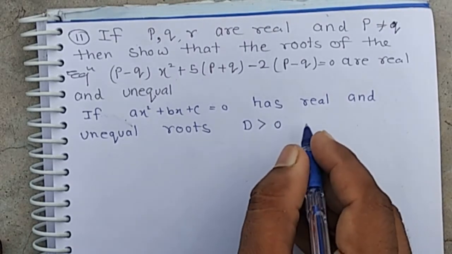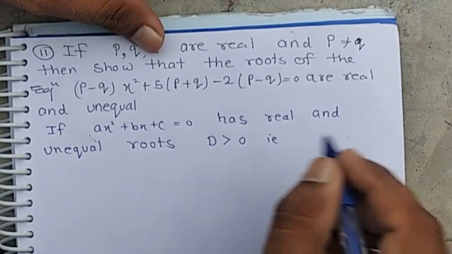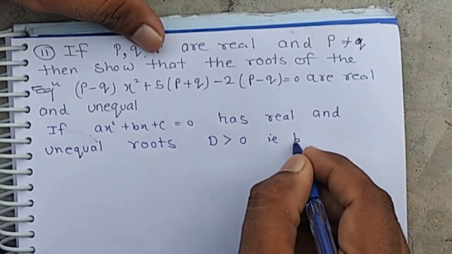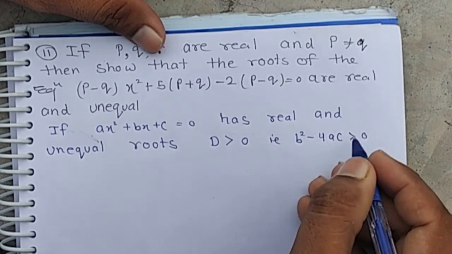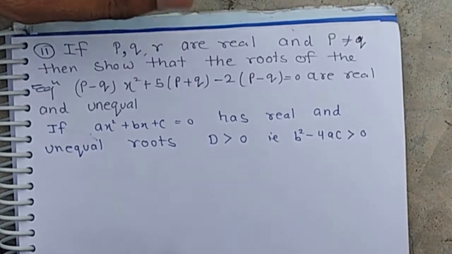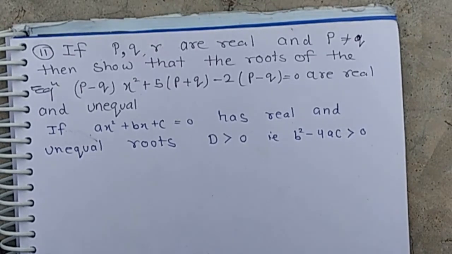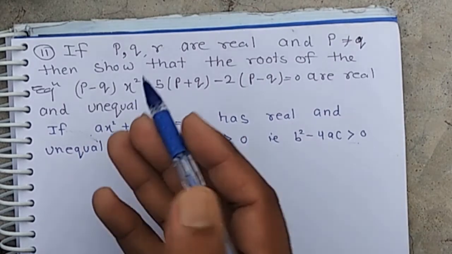The value of the discriminant, that is, b square minus 4ac, D is greater than 0, not greater than or equal to 0, because if there is an equal sign then the roots are equal.